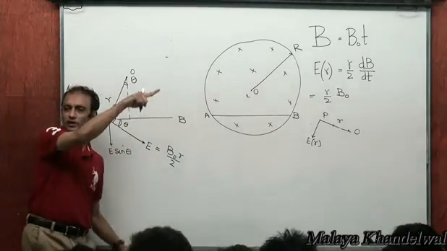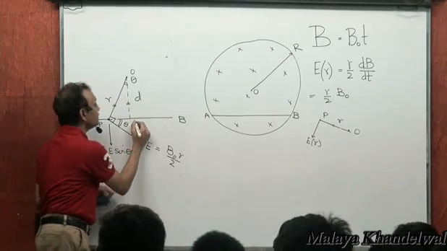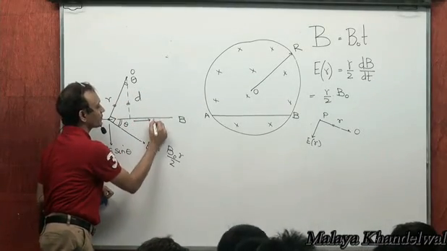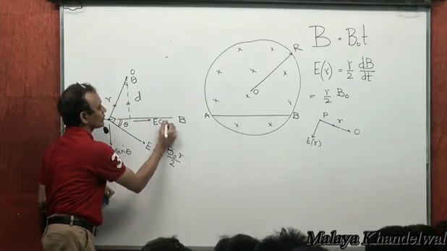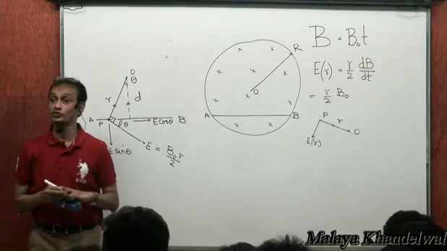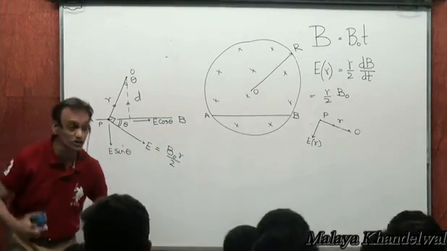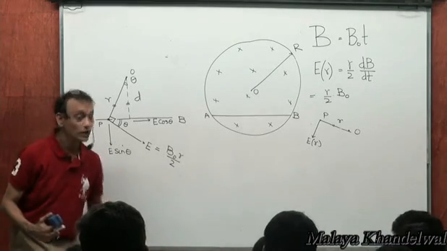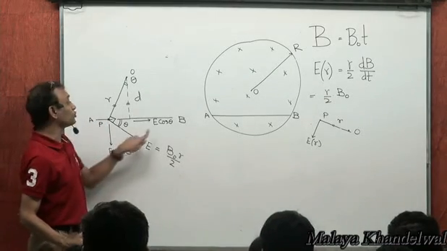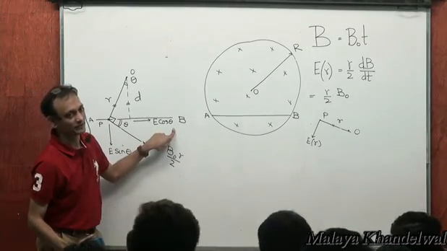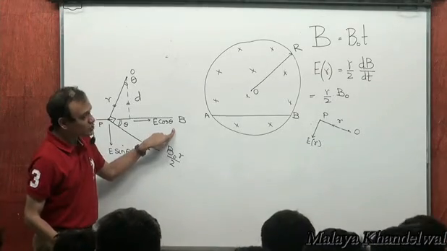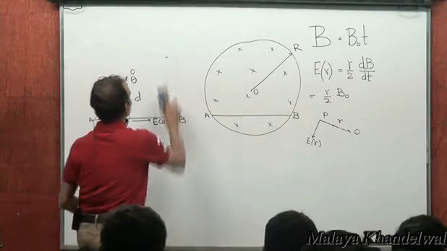It will not drop EMF across AB, whereas E cos theta is that component of the electric field which will drop potential across AB and will therefore produce EMF. So at every P, I will have to look at E cos theta at that P.